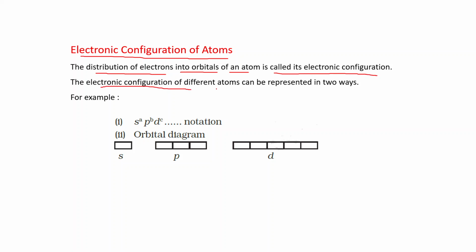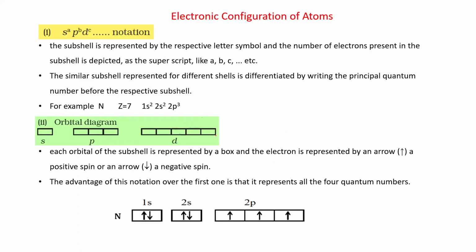The electronic configuration of different atoms can be represented in two ways. The first way is spdf notation and the second way is the orbital diagram. Let us see them one by one. First of all, spdf notation.